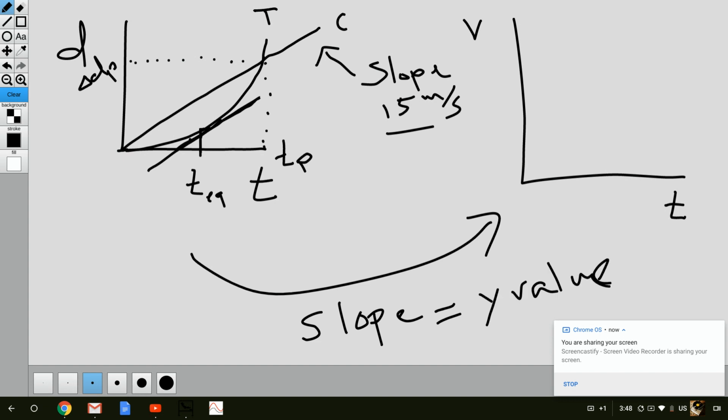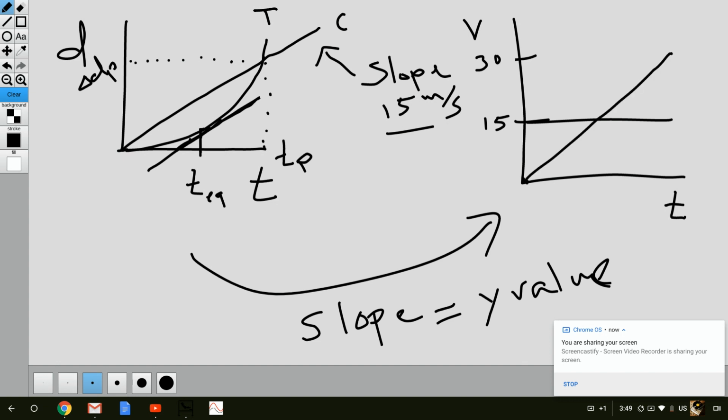And so the slope of the car was 15, so that means that at 15, the car has that straight line right there. It never goes up in velocity, never goes down, so it should be at 15 the whole time. However, the truck started at rest and ended at 30. So it should go all the way up there.